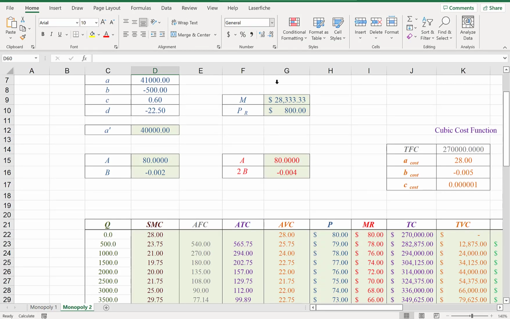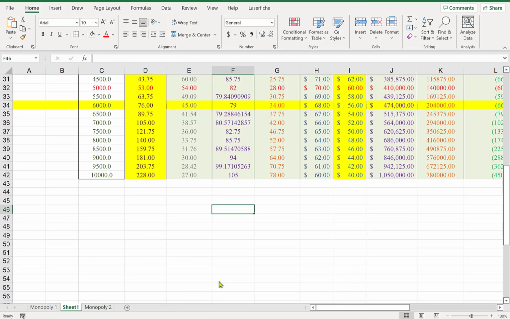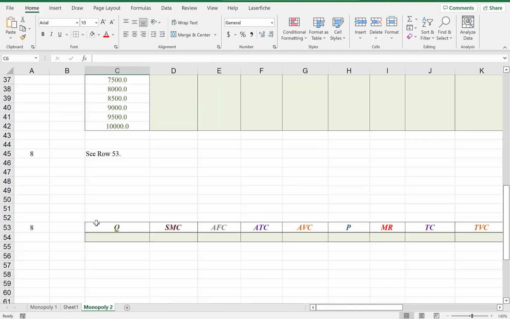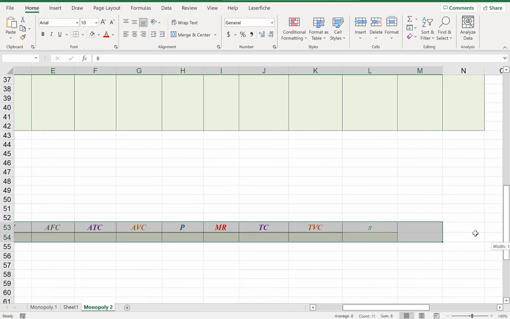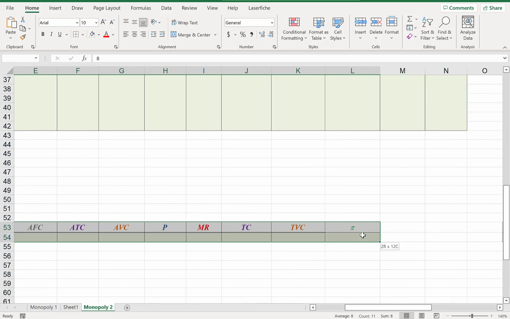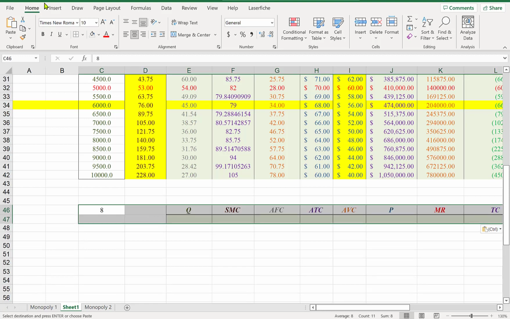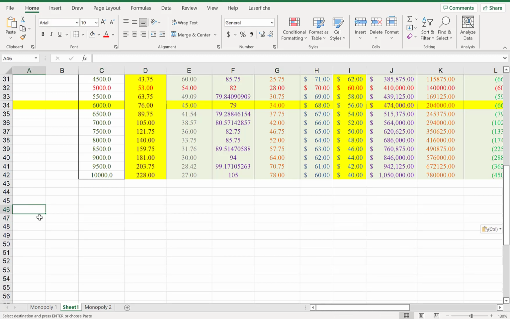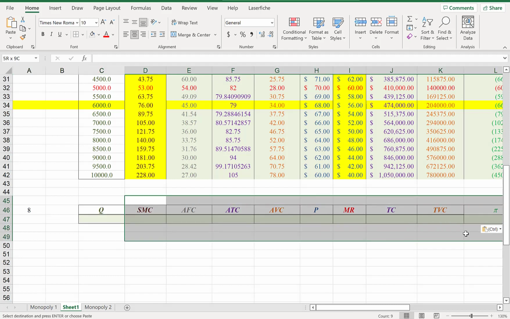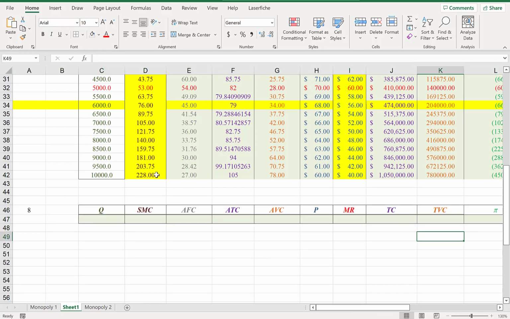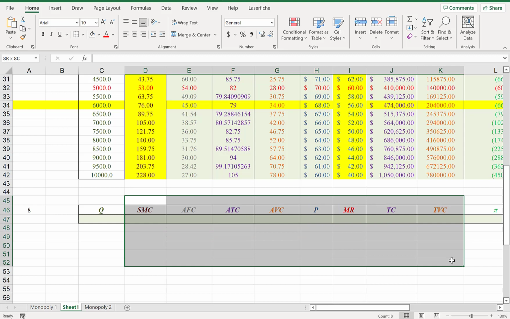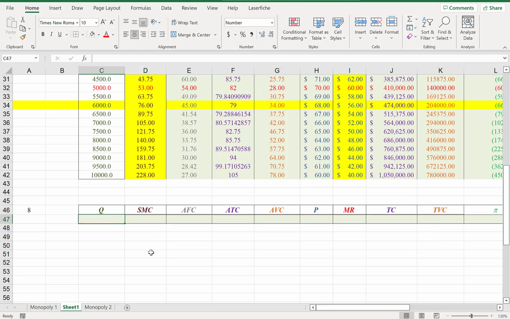These are the solutions, by the way. I just mistakenly clicked on the key. For question 8, the question is only asking me for the profit, so I'm not going to calculate everything. I just need quantity and profit. But if I find quantity, I'm good to go.